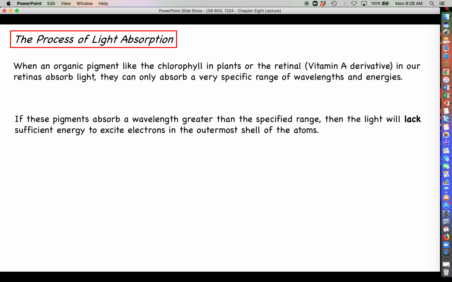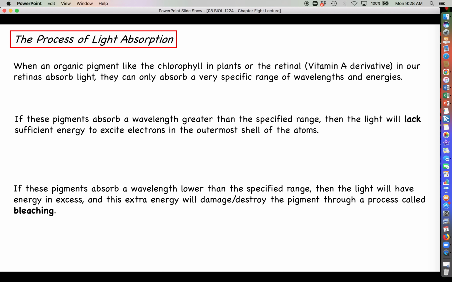If these pigments absorb a wavelength that is greater than the specified range, then that light is going to lack a sufficient amount of energy necessary to excite electrons in the outermost shell of the atoms of that particular pigment. In other words, if the wavelength is too long, that light doesn't have enough energy to do what it's supposed to do.